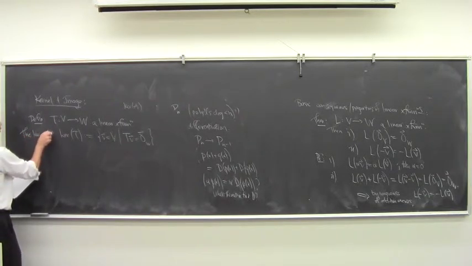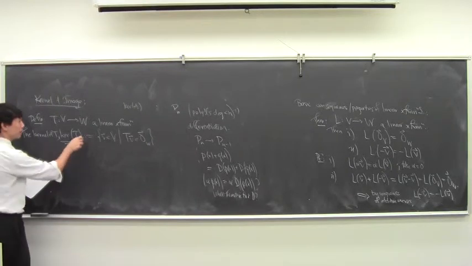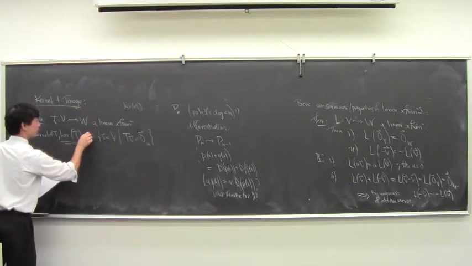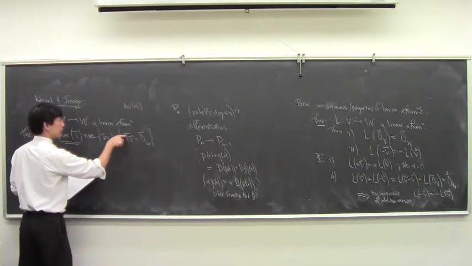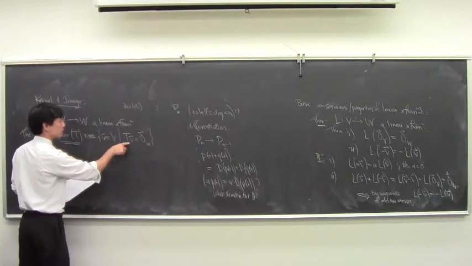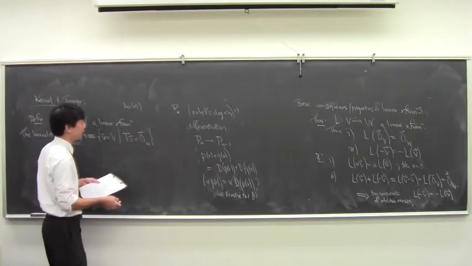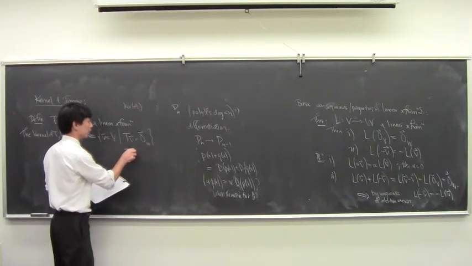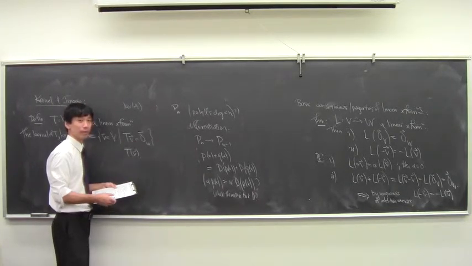The kernel of T, denoted ker T, is defined to be all vectors in V such that T of v is 0. So it's not T times v? T of v, really. People usually just write Tv and leave the parentheses off in linear algebra.